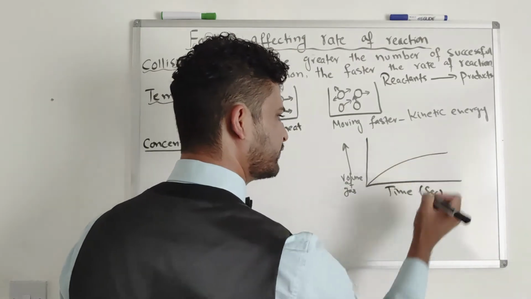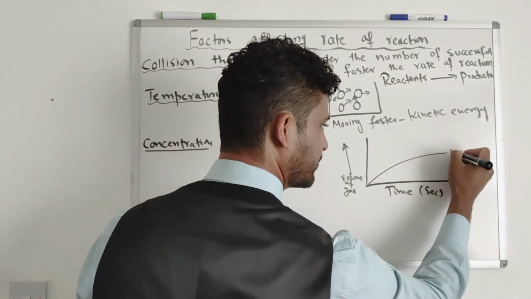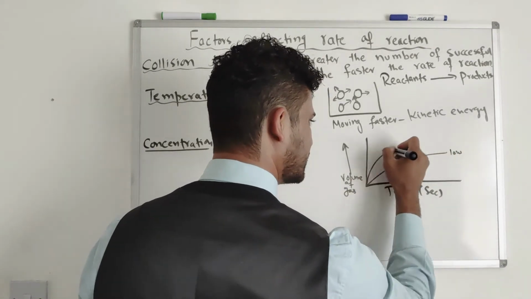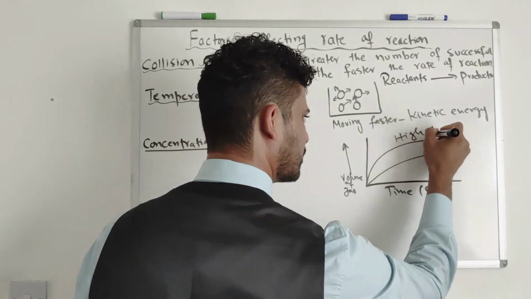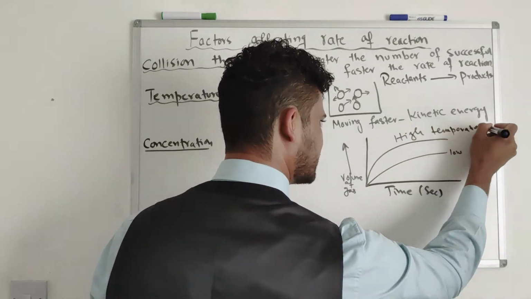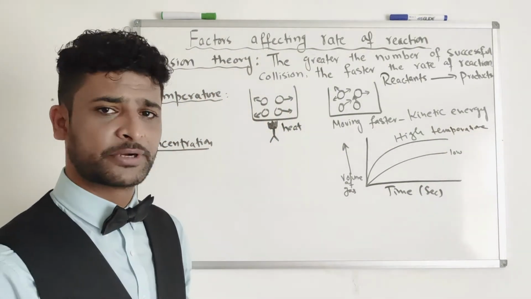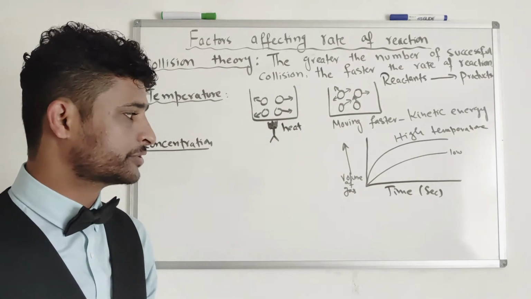For example, if this is the volume you have produced at low temperature, and then if you increase the temperature, you will see that the amount of gas produced is higher at high temperature.